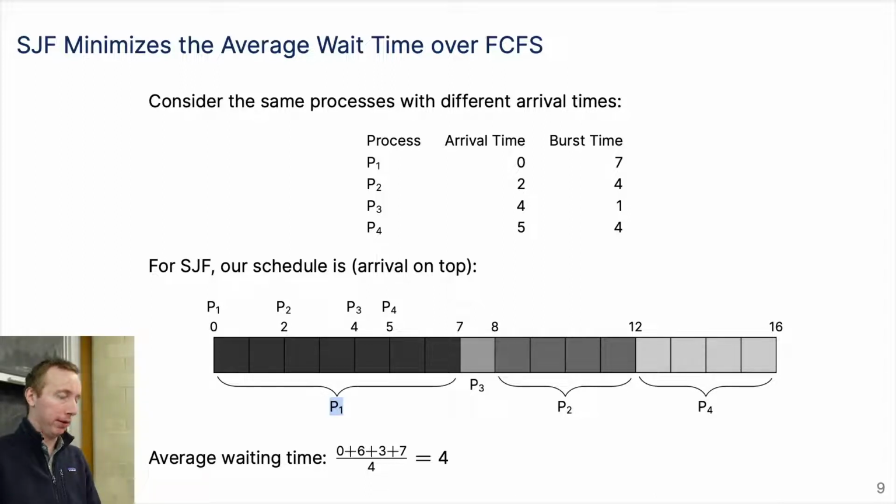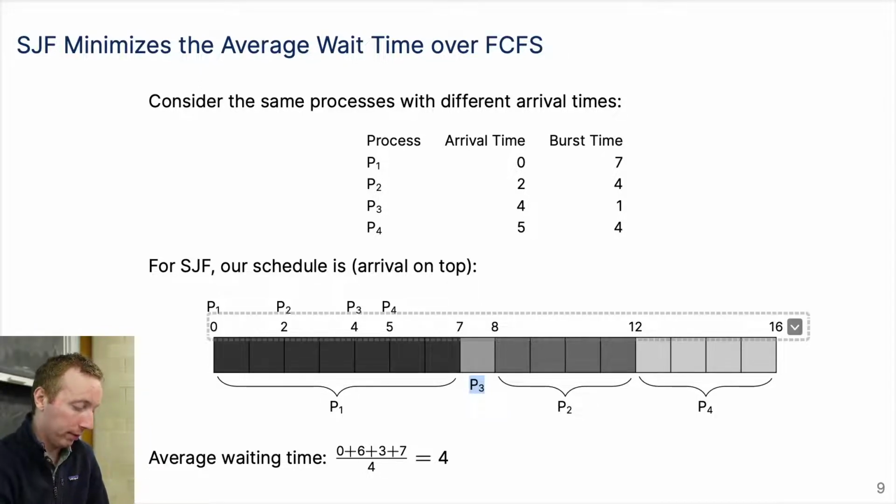And between P2 and P4, they both have the same burst time, so I'll just take them in first come, first serve order because at that point it doesn't really matter. So at T equals 7, when I make my scheduling decision, I pick the shortest job first, which in this case is P3.